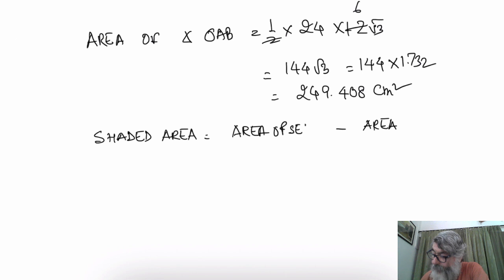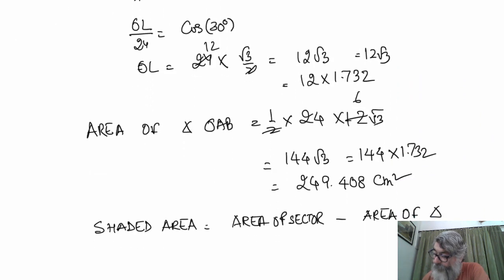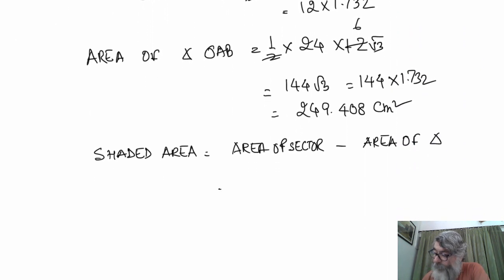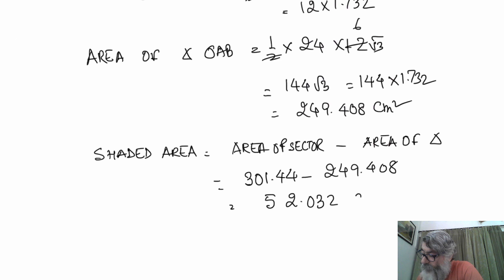Area of sector was 301.44. 301.44 minus 249.408 approximately comes out to 52.032 centimeter square. So we have got the complete area.